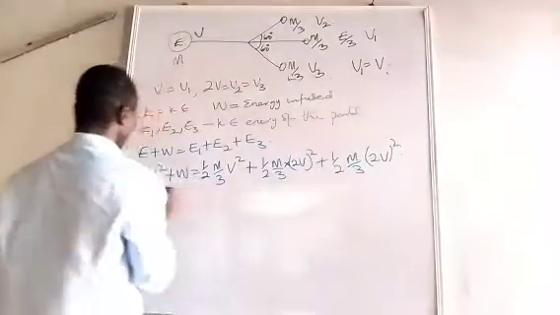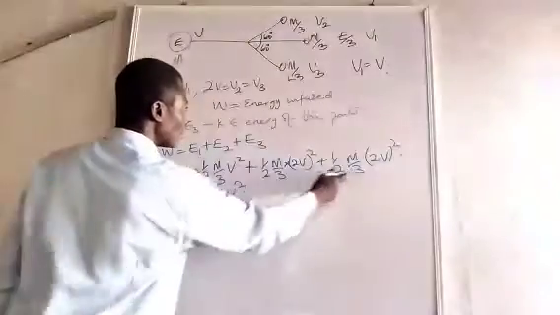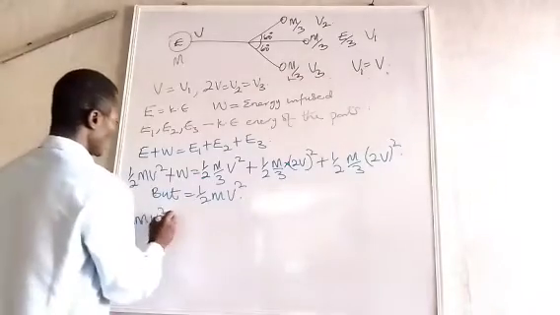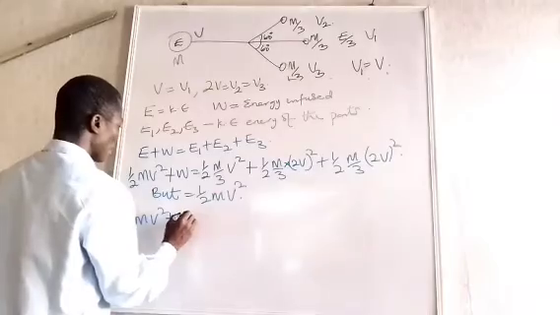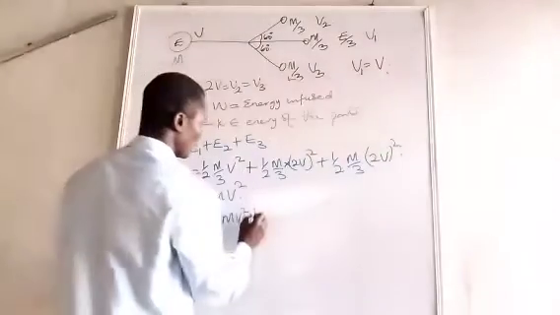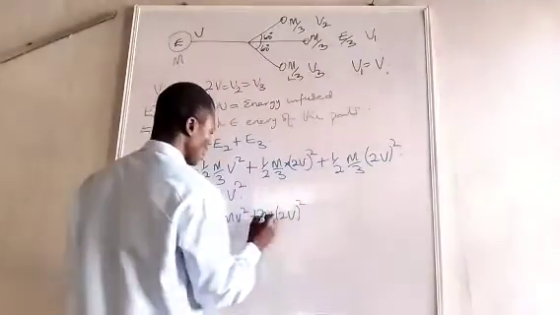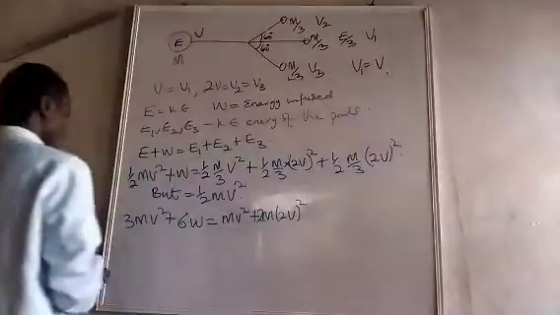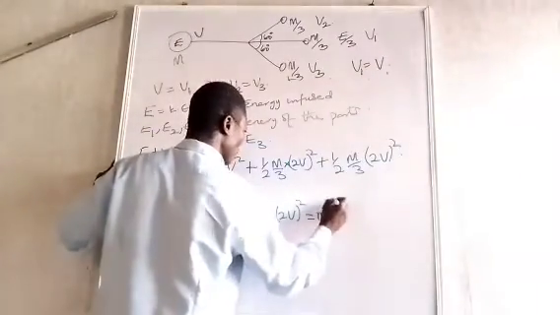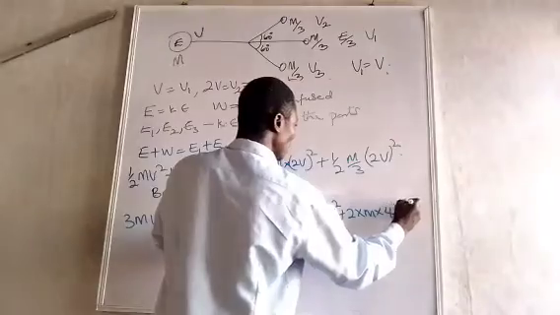Now, let us multiply through by 6. We are going to have 3mv squared plus 6W is equal to mv squared plus 2mv squared plus 2 times m times 4v squared.